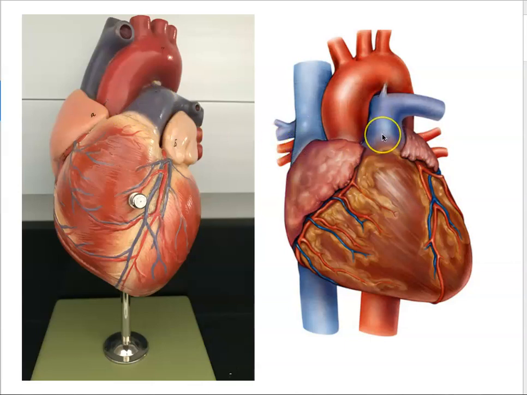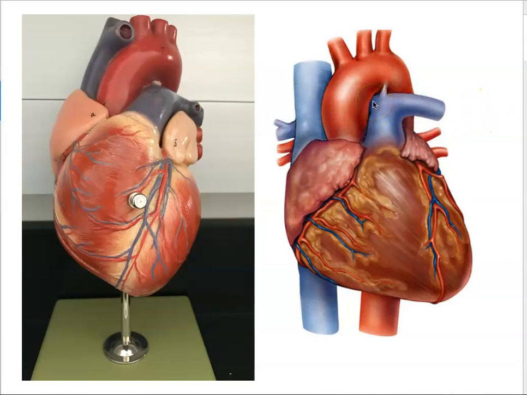Here is the pulmonary trunk. This is taking deoxygenated blood away from the right ventricle and taking it to the lungs. This is going to be the left pulmonary artery. Remember, arteries take blood away from the heart, and it's going to take it to the left lung.